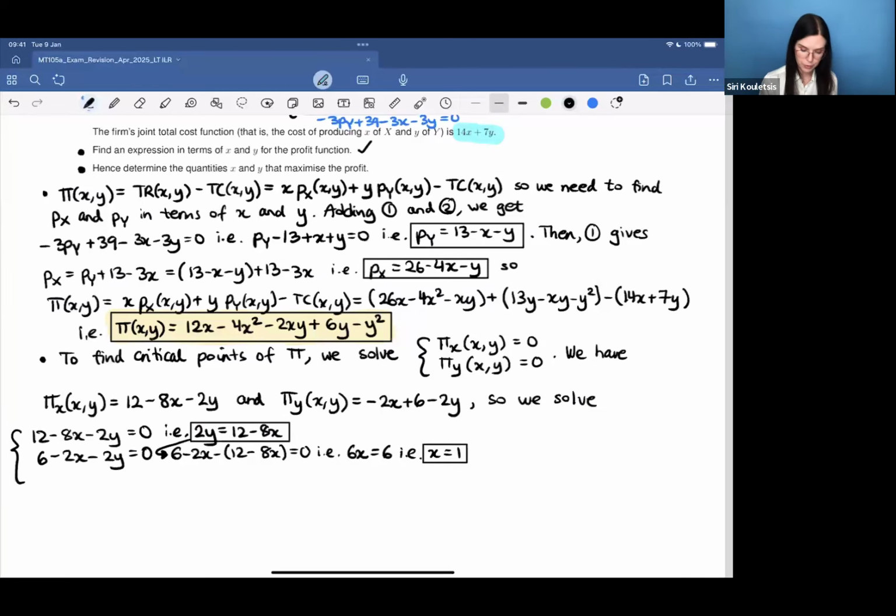And then we go back to the first equation. First, let's notice, perhaps it's easier now, since we didn't make y the subject the first time, well, y is a half times 12 minus 8x. And now we substitute this in.